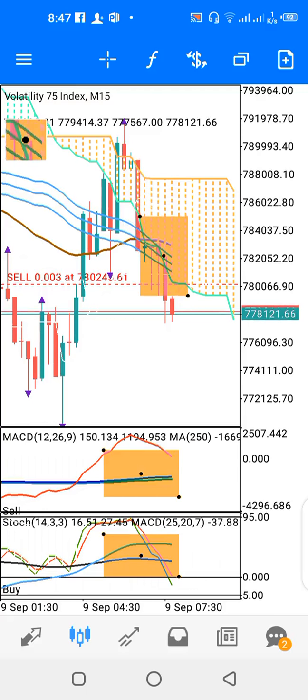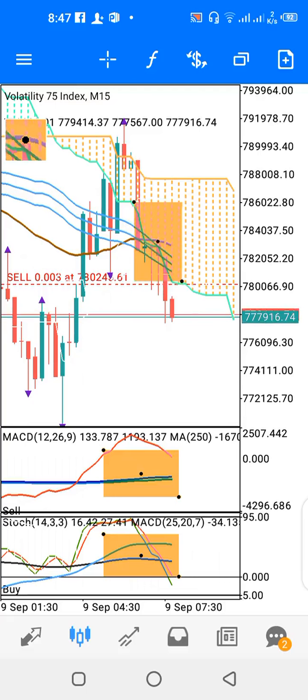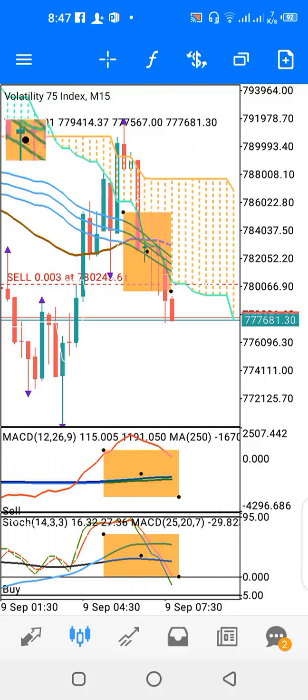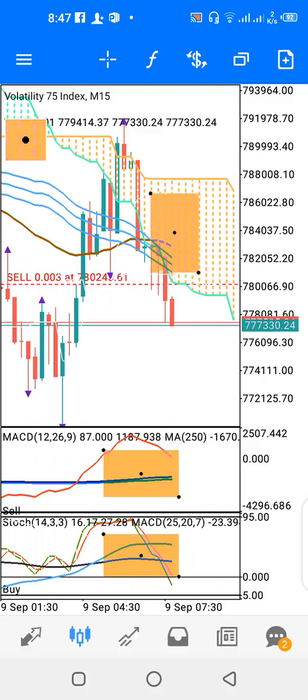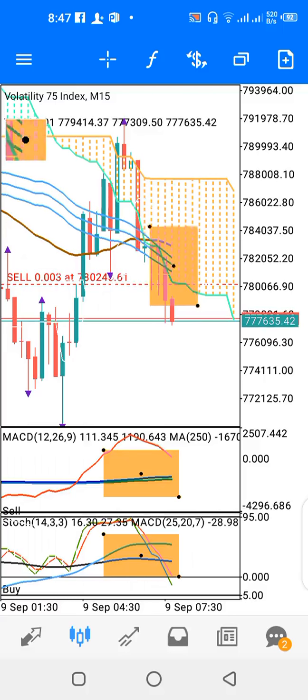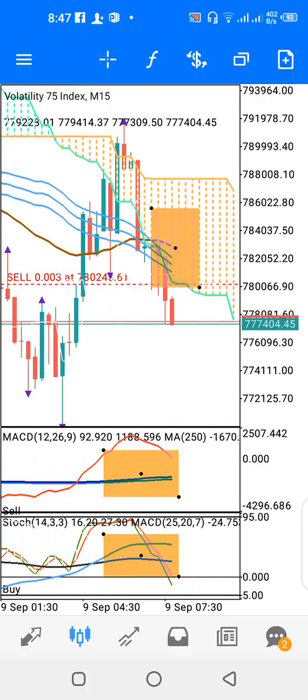Look, we are on the 15 minutes time frame. Price entered into the Ichimoku cloud, dropped below the cloud and closed below all indicators. I'm talking about the moving average, the Bollinger Bands, and the Ichimoku.